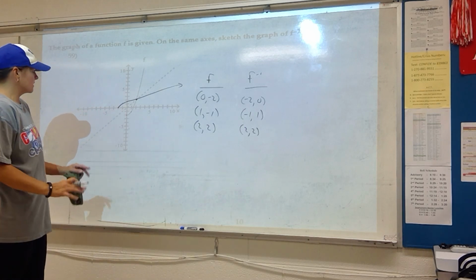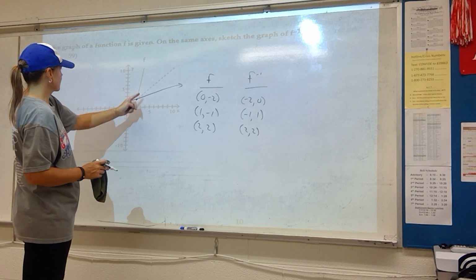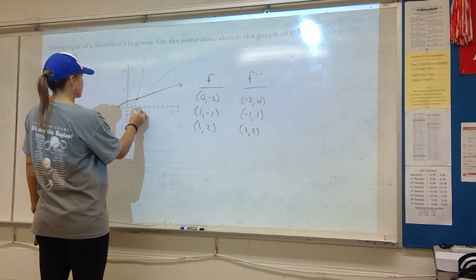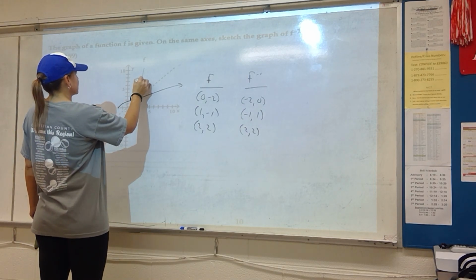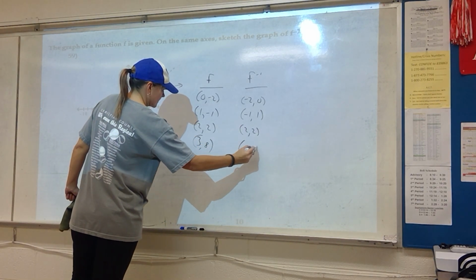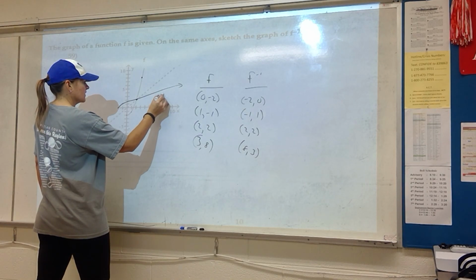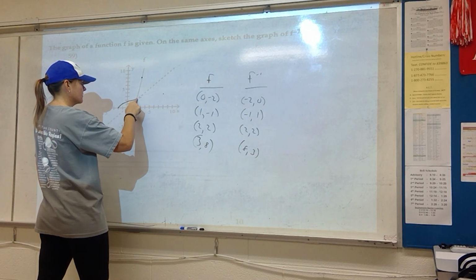And if you want to get a little bit more specific, maybe pick another point like 3, 8. It looks like that's 3, 8. And graph 8, 3. Do the inverse of that. See, my graph is off. Can't graph my hand.